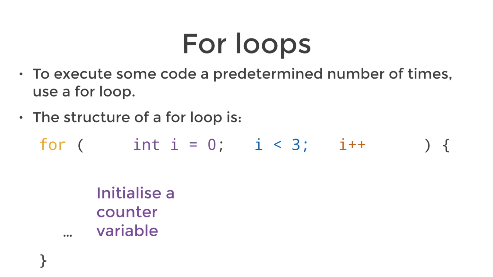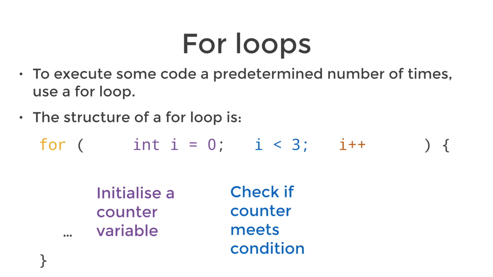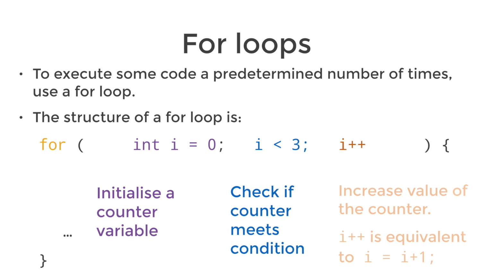The condition is we're checking that I is smaller than 3. And finally, the increment part comes with I++, which is nothing other than saying I is equal to I plus 1. So that means that I is increased by 1 every time the loop runs.